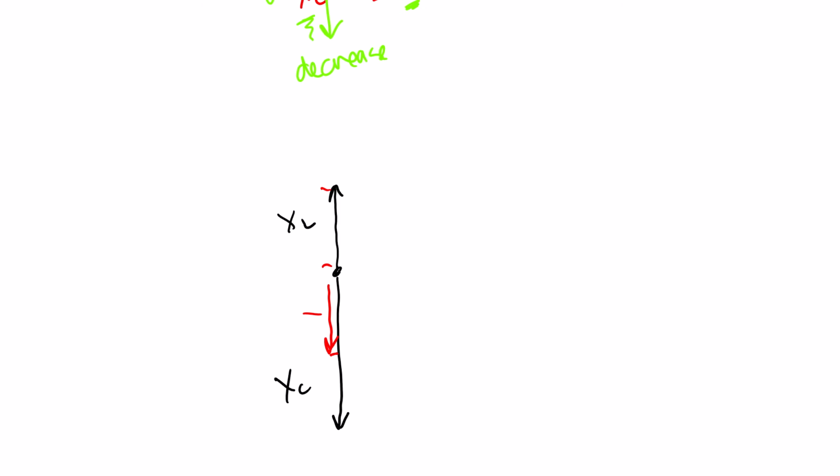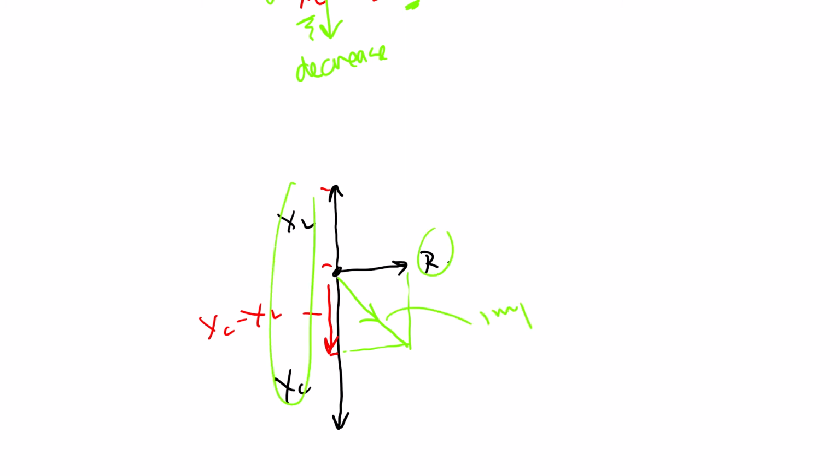This here then will be XC minus XL, and our resistance here. So our resultant of reactance and resistance is going to be impedance, and we will say the impedance lags behind the resistance by this angle here, by this angle theta.